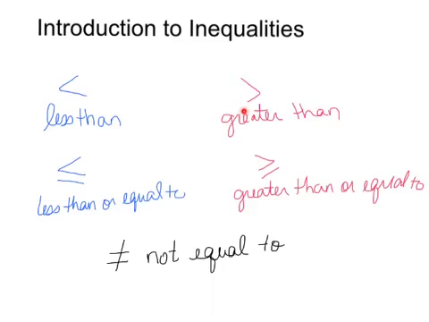We use the same symbols, but then we also use that something's less than or equal to. So instead of using the less than sign followed by an equal sign, we combine them into one symbol where we do the less than symbol and put this little line underneath that means equal to. Same thing with the greater than. Greater than or equal to has the little line underneath. And if something's not equal to, we start with the equal sign and put a line through it. Okay?